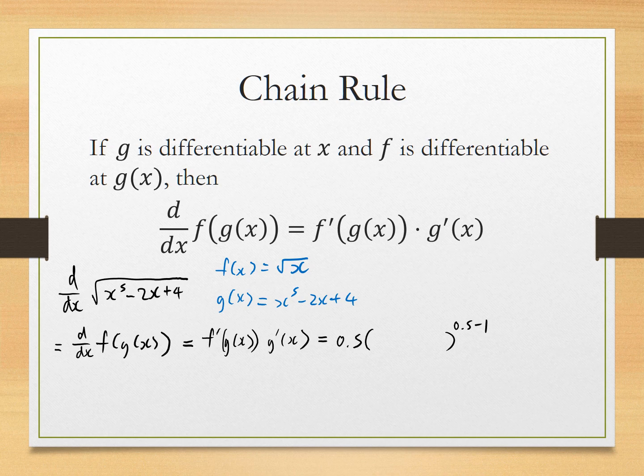This is the f(x) part. So maybe I use different colors to indicate it. 0.5, 0.5 minus 1, so this is from f(x). And I'm going to use red to represent g(x).